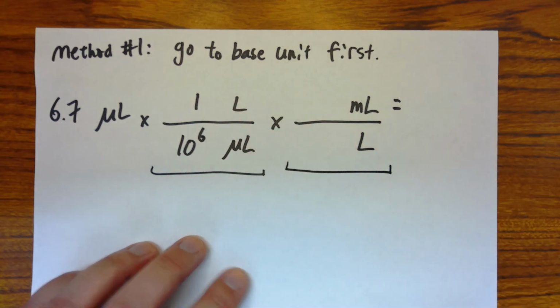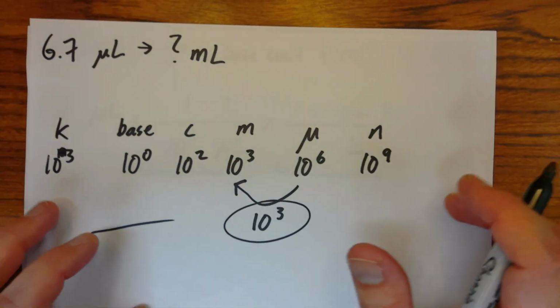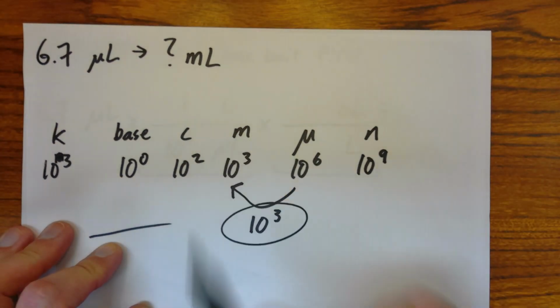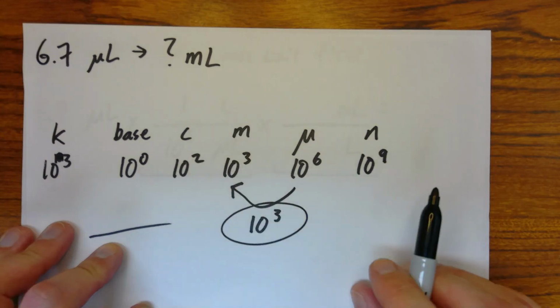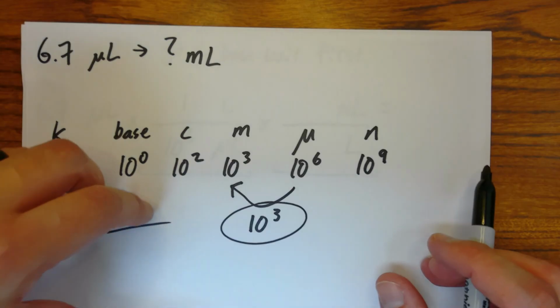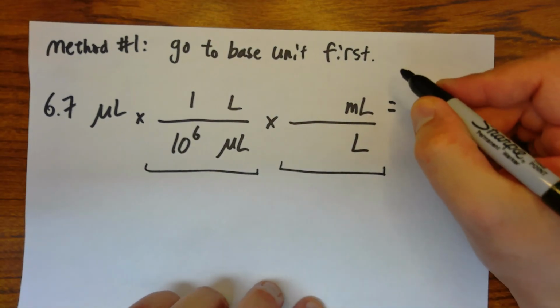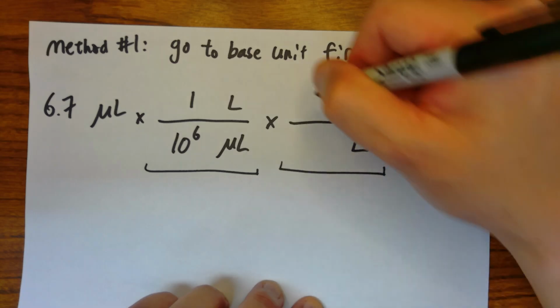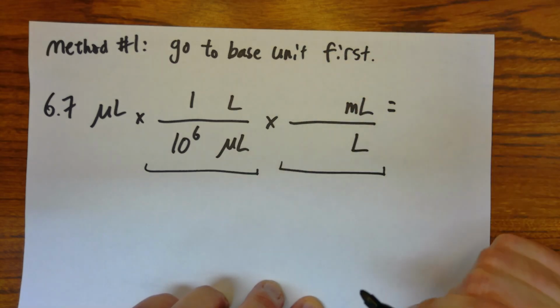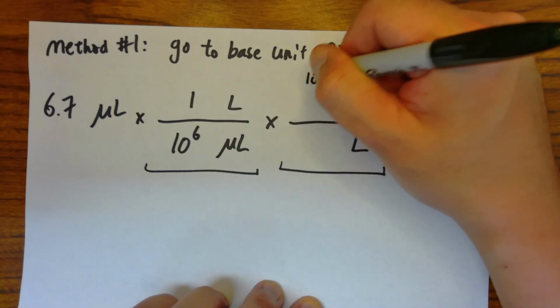For this part, we go back to our metric cheat sheet, and we see milli here with the 10 to the 3rd power. So it's going to involve a 10 to the 3rd power somewhere. And so who's going to get it? Milli or liter? Who's the smaller? I'll leave that to your discovery.